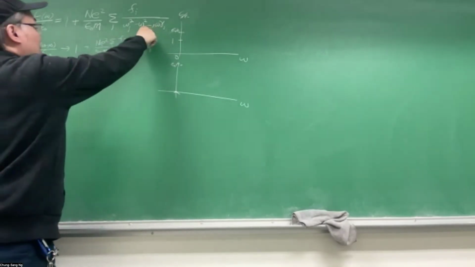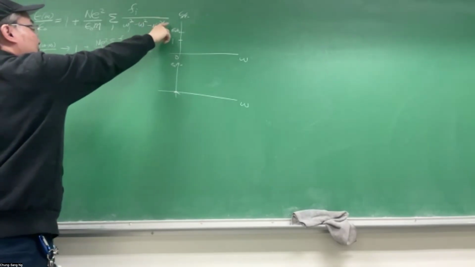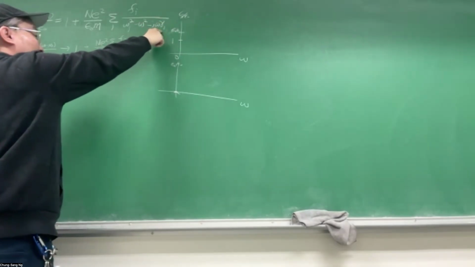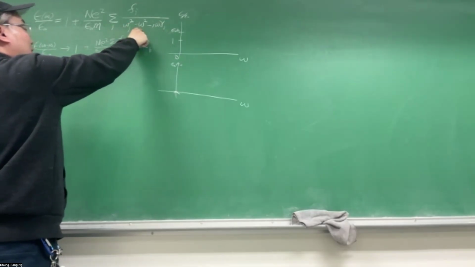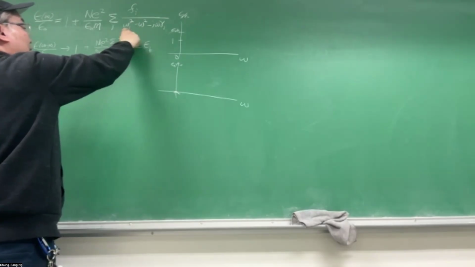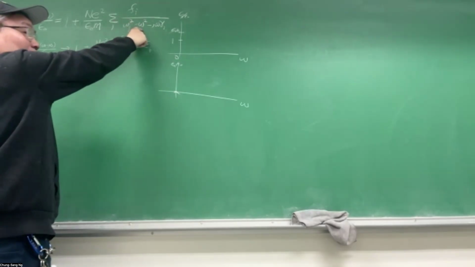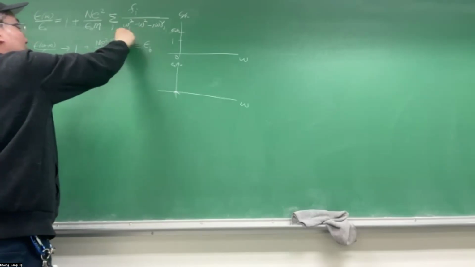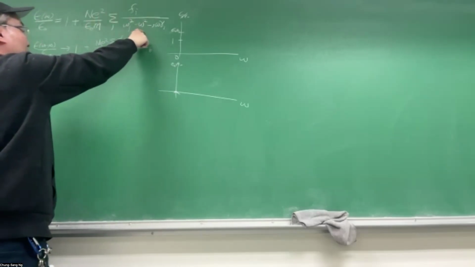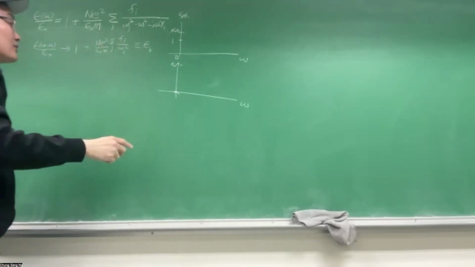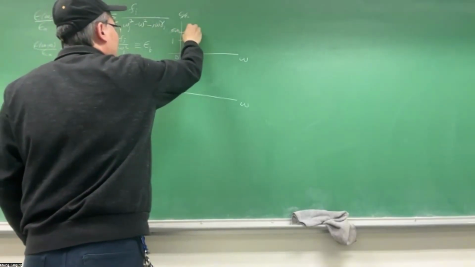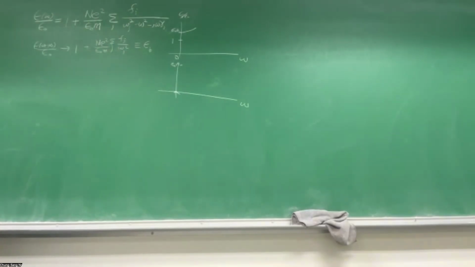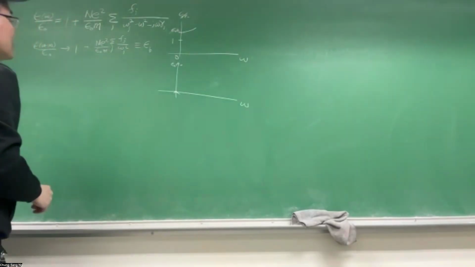For the real part, we can just ignore all these gamma sub j at first, and then look at what happens if you increase omega from zero. You see that all the denominators decrease, right? Because you subtract the omega square. But you're summing all the terms, and each term is increasing. So the total value is also increasing. So you start with some increasing tendency. Okay, so that's the real part.